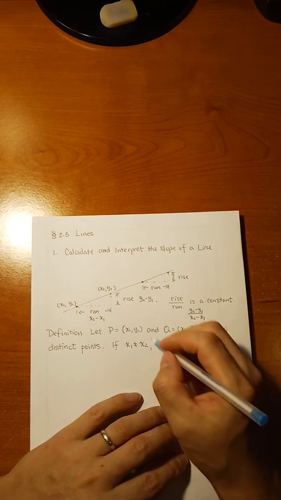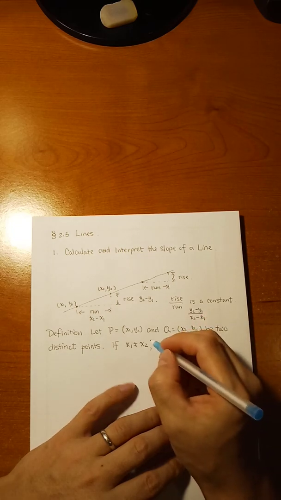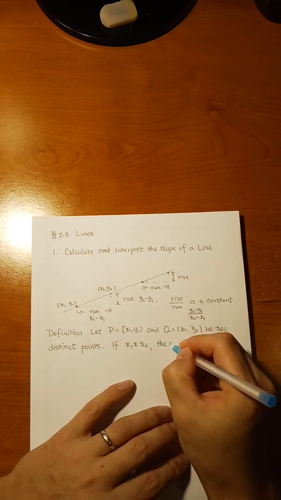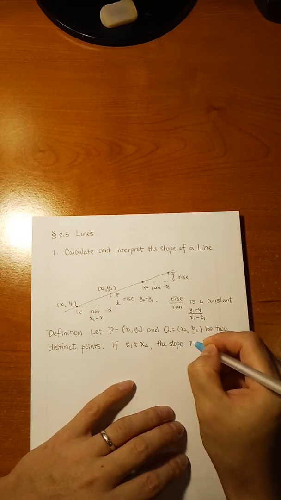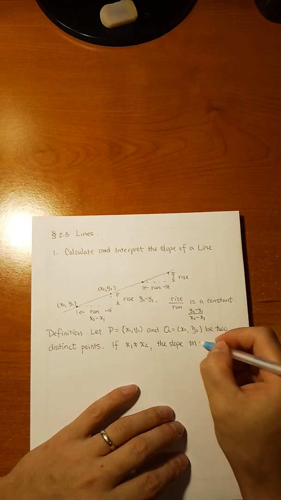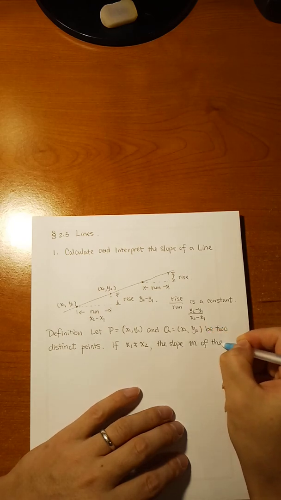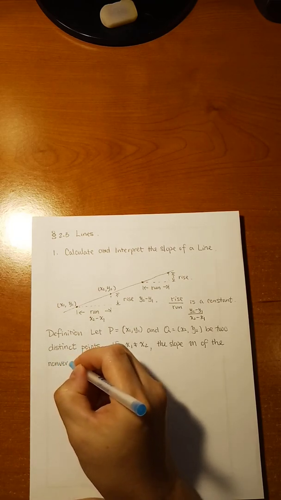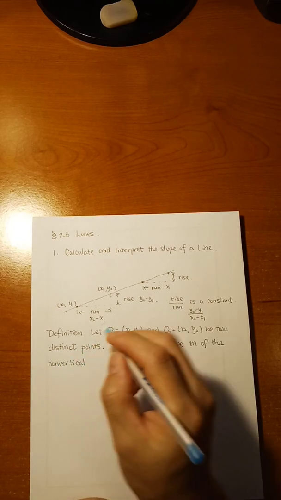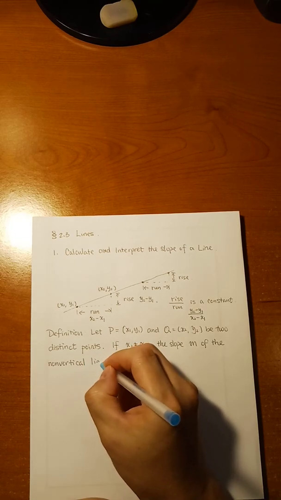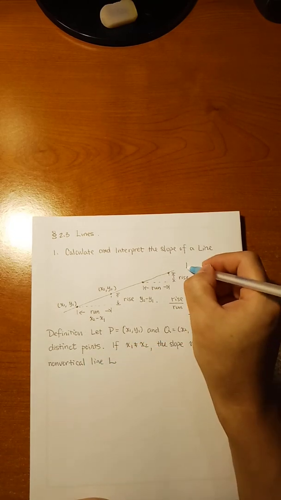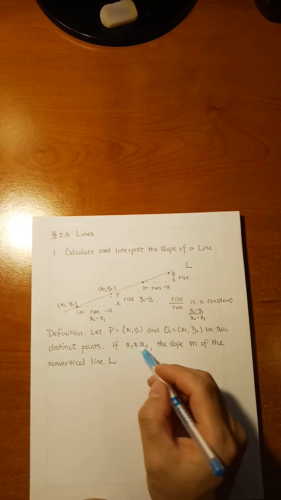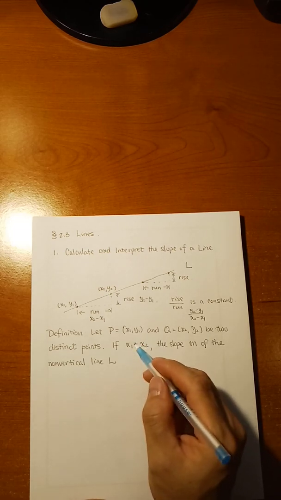Okay? When this makes sense, the slope m of the non-vertical line, this line is called L. Non-vertical comes from x1 not equal to x2.